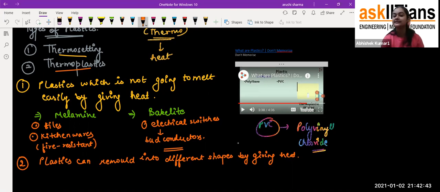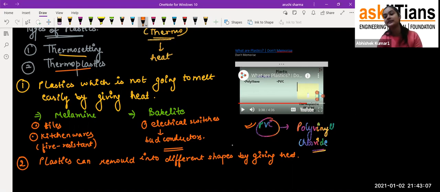Now we have examples of it, like PVC, polyvinyl chloride, and polythene. Whenever temperature is given to them, they are going to melt. Plastic bottles, polythenes, PVC are what we use in our general life.